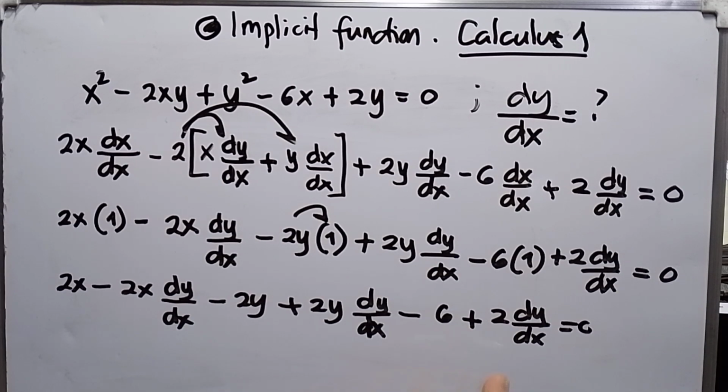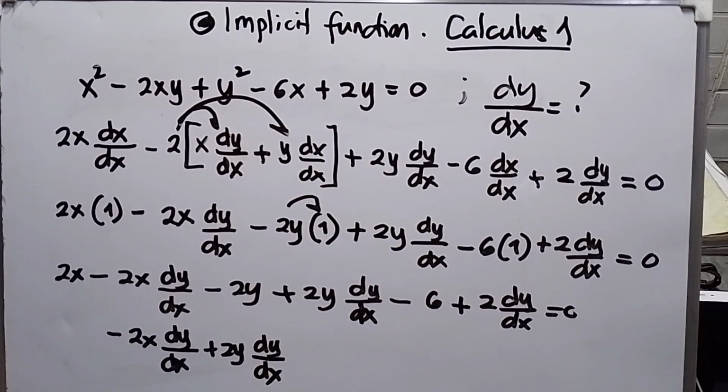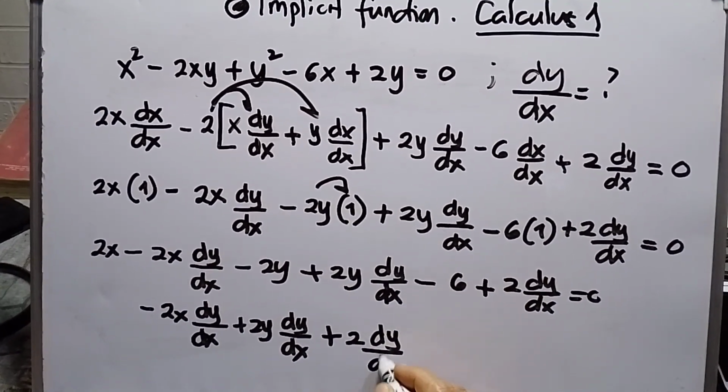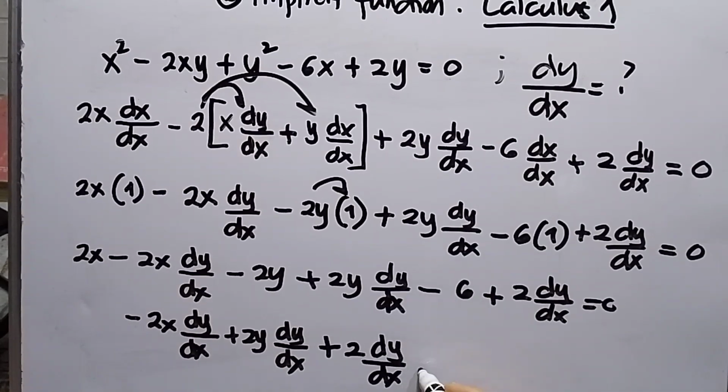Okay? Collect all having dy dx. So this will be minus 2x dy dx. Then this will be plus 2y dy over dx. Then plus 2 dy over dx. Okay? And this will be equal.